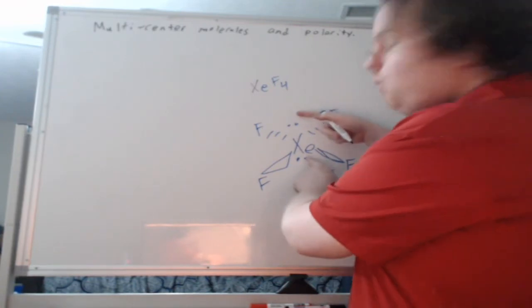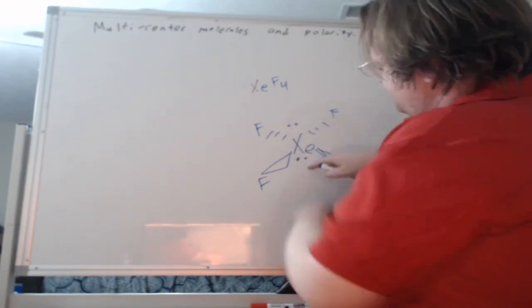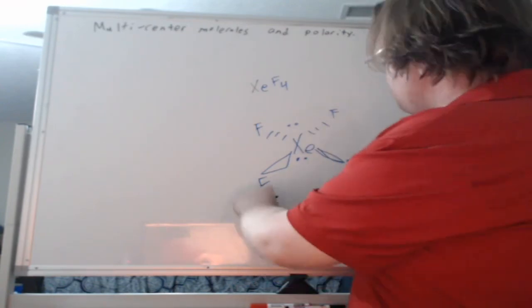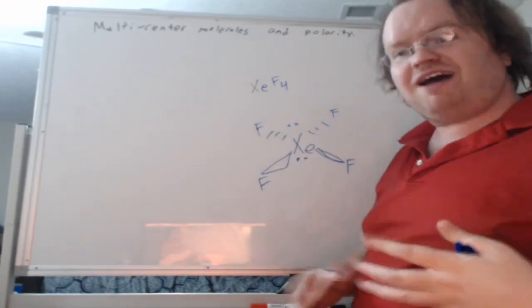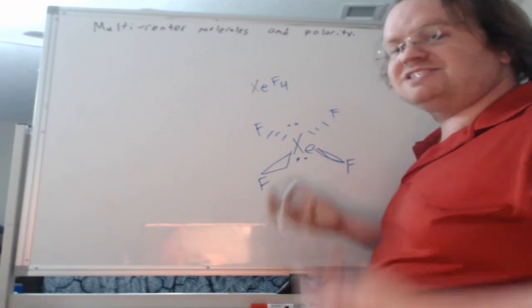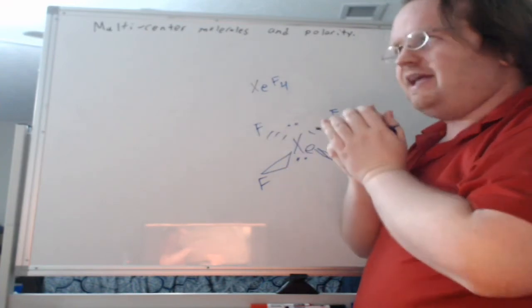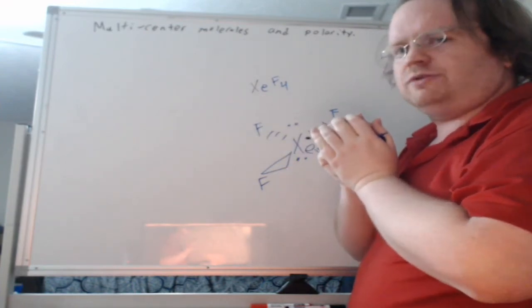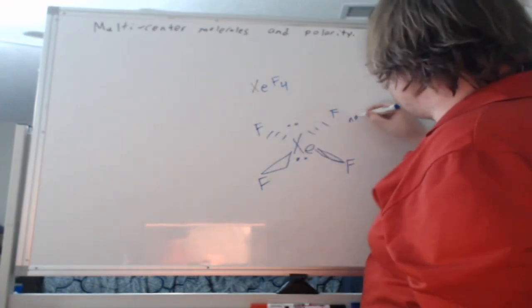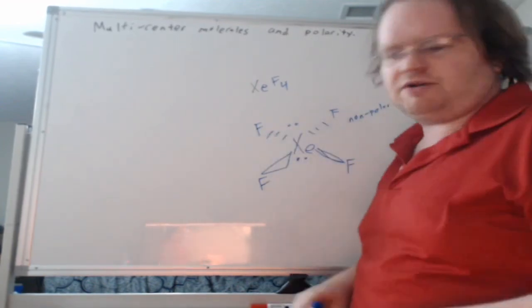One's on top, one's on bottom. Any effect that this one has on polarity related to these is going to be the same as this. So these 4 fluorines are separated as far as possible, and they're exactly opposite each other. And I think this shape is nice for seeing that because it's a square. If it's a square, then they're all going to pull, and then they all are still equal to each other. So this still ends up being nonpolar, even with those bonds, even with the lone pairs.